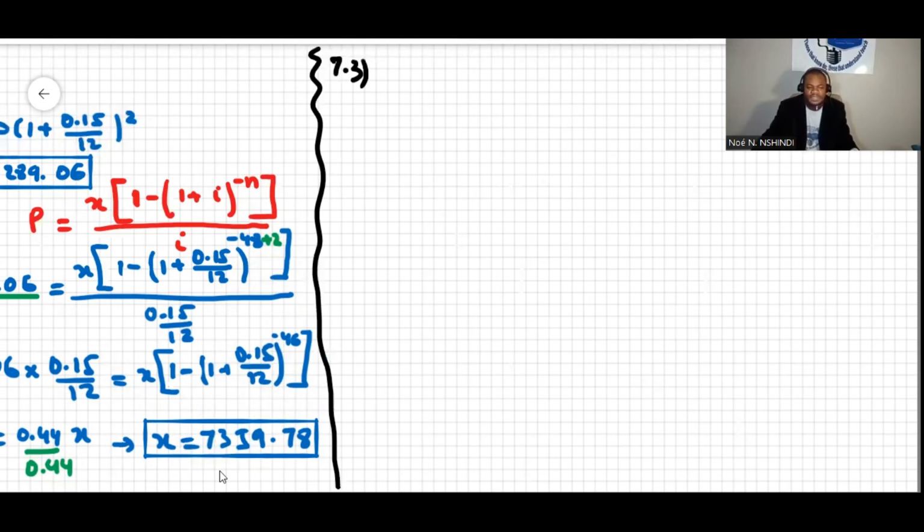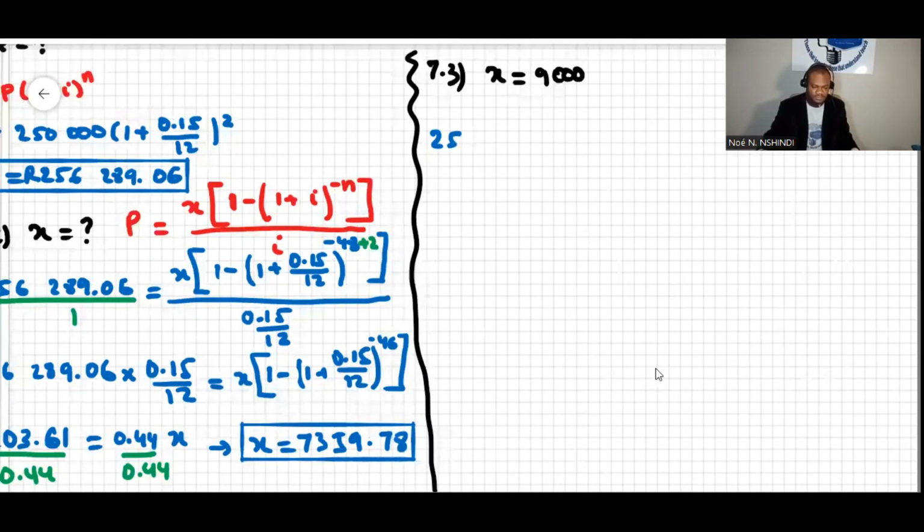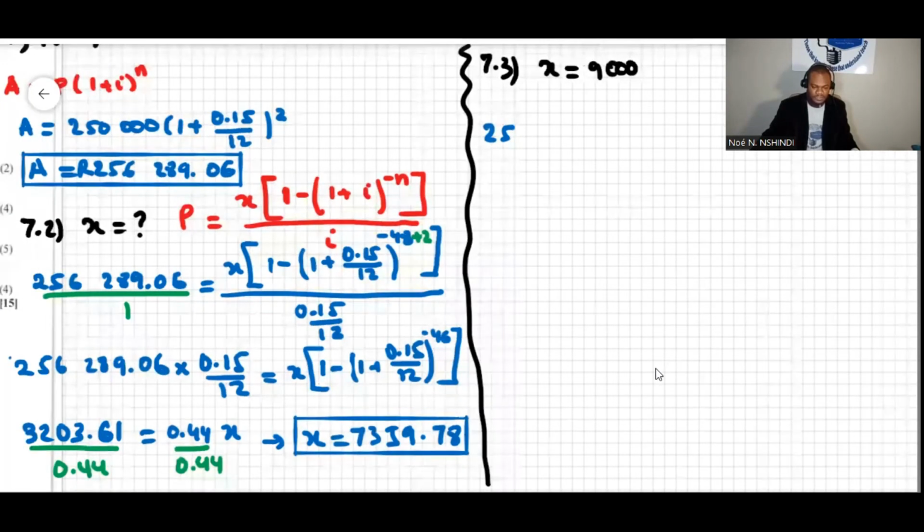Now Tabiso is now paying 9,000. This is his monthly installment, and we're going to use the same formula for that. So this will be 256,289.06.